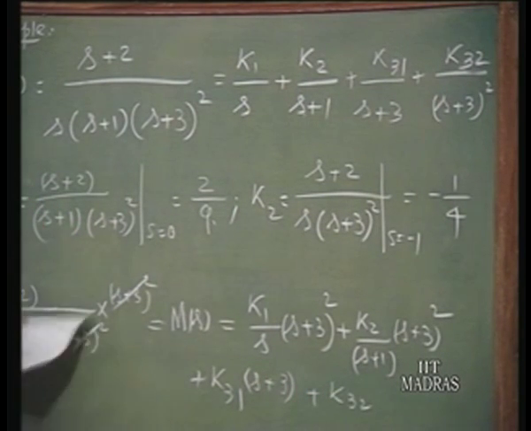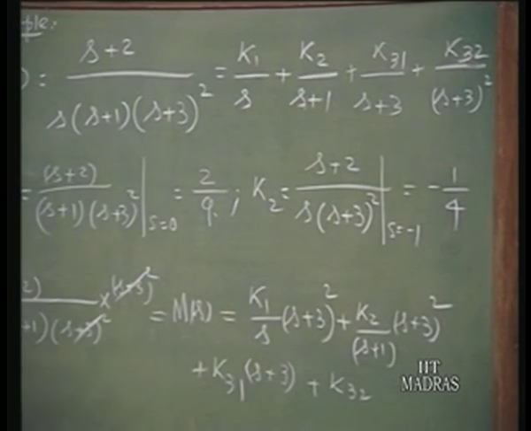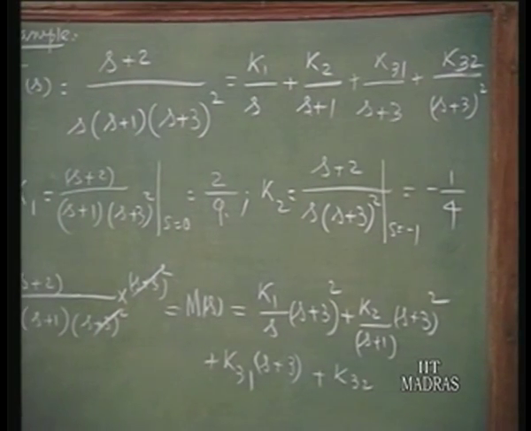So on multiplying this by (s plus 3) whole squared, each term of the partial fraction gets multiplied by (s plus 3) whole squared.